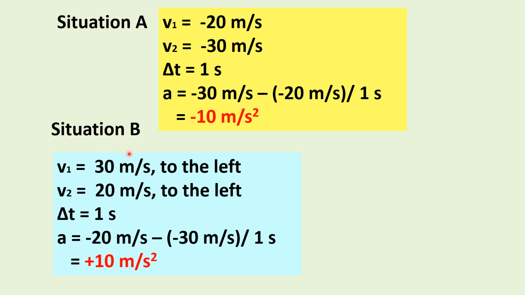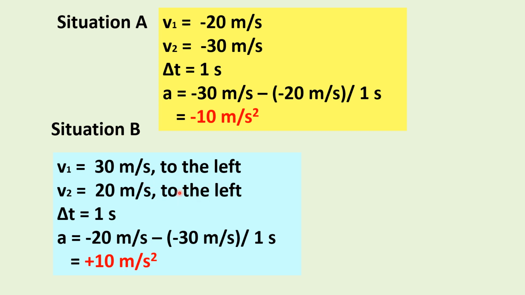Although we already discussed this situation a while ago, let's quantify what we were saying earlier. Supposing the initial velocity is 30 meters per second directed to the left. Alright? And also the final velocity 20 meters per second to the left.